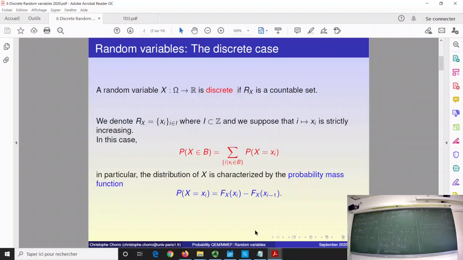The formula in blue that you can recover in the discrete case: the probability mass function from the distribution function. Here, my set of possible values, that is the xi, are just this one.